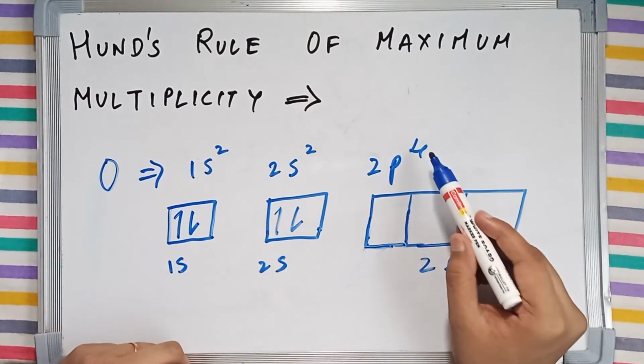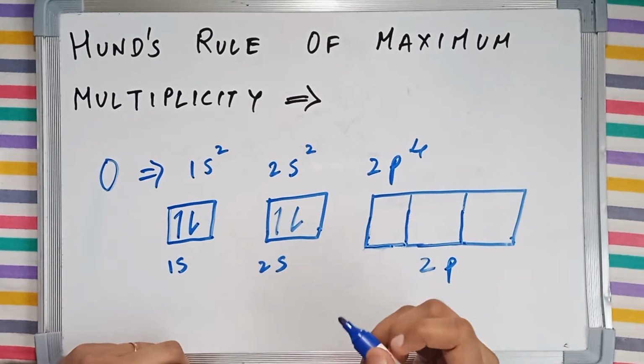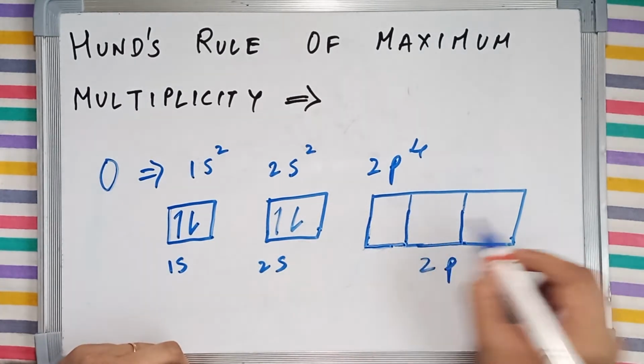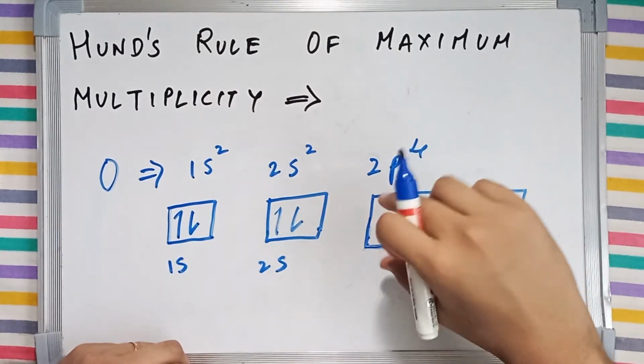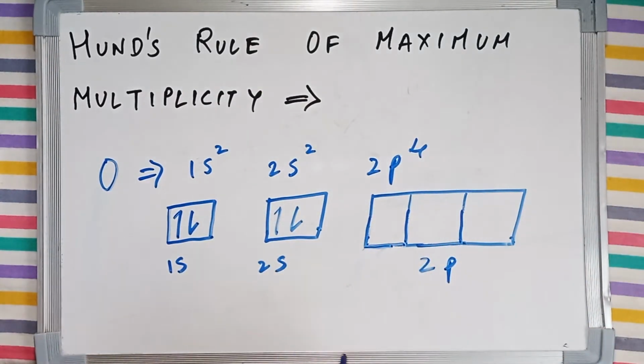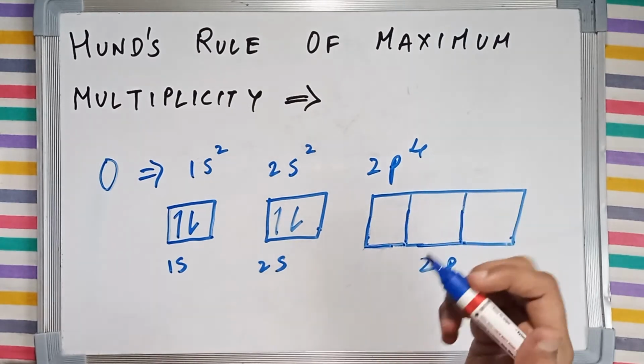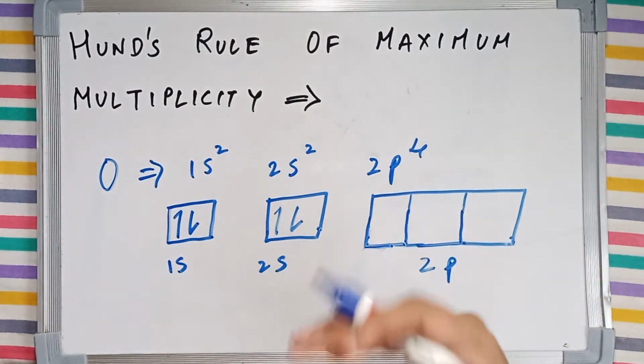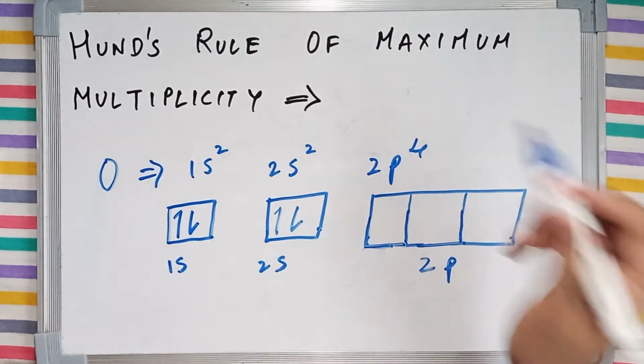By that I mean 2p has 4 electrons, so we fill it in such a way that each orbital has one unpaired electron in the starting. Then afterwards we will see how to accommodate the 4th electron.